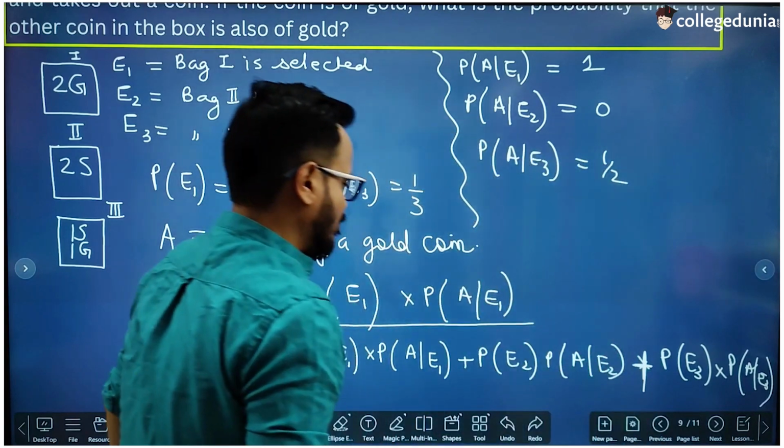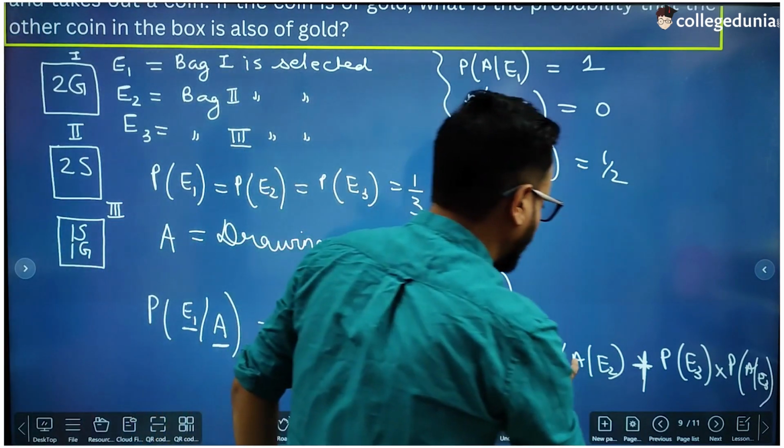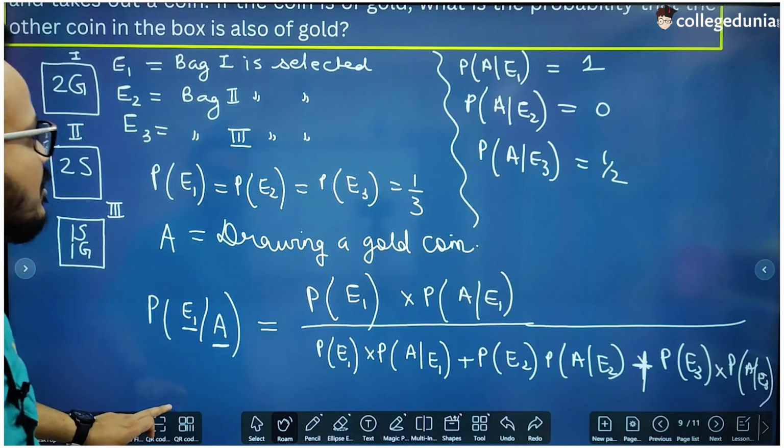Here we should put a plus sign. Okay, now let's put all the values.